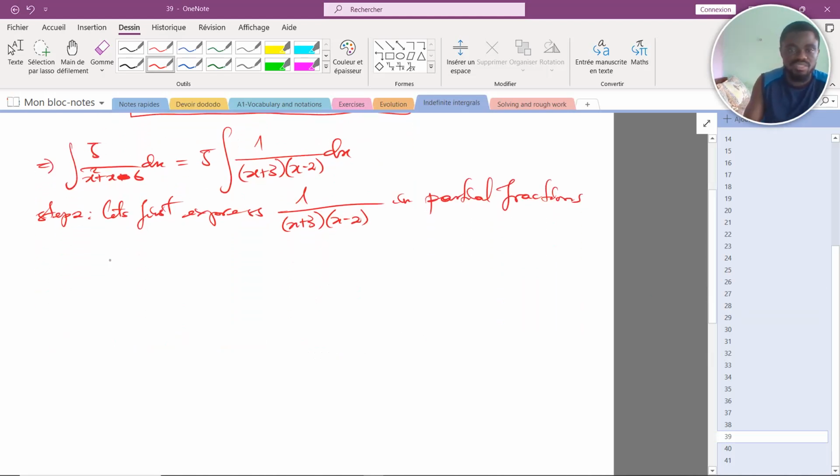Okay, let's express that in partial fractions. We basically know that 1 all over x plus 3 times x minus 2, how are these factors under here? These are linear factors. So this partial fraction will be identical to what?